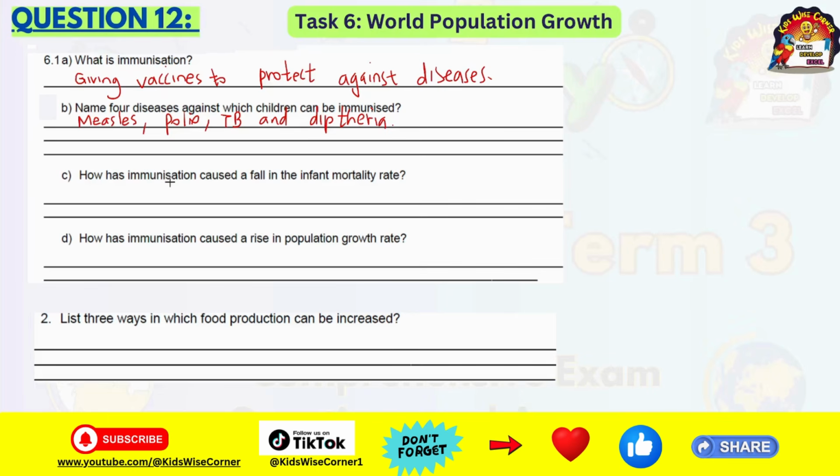How has immunization caused a fall in the infant mortality rate? So immunization lowers infant mortality. So immunization lowers, okay, the spelling.